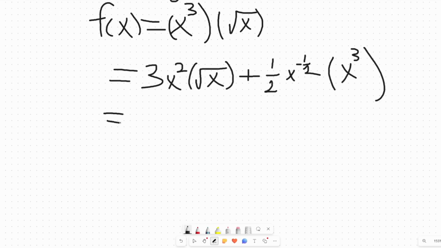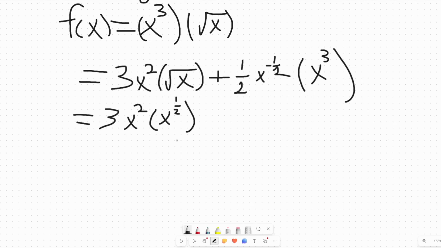Now you can rewrite this as 3x squared times x to the 1 over 2, just so it's easier to understand what's going on. Plus 1 over 2.